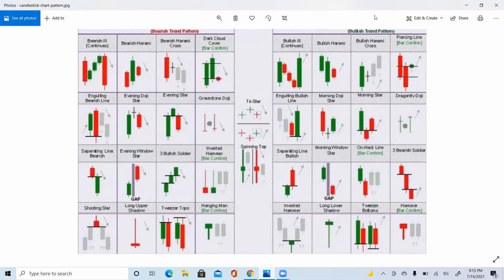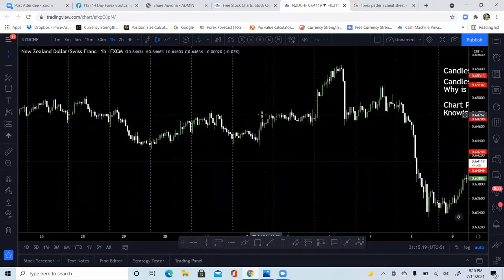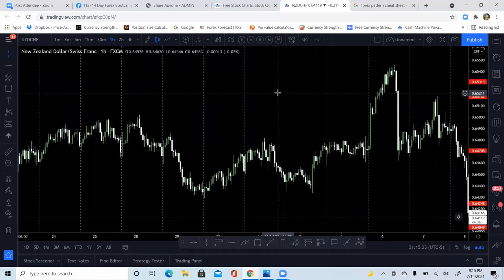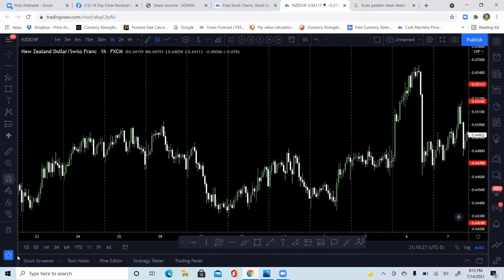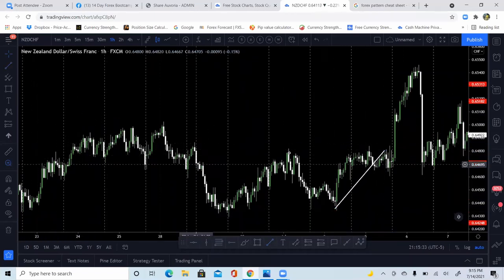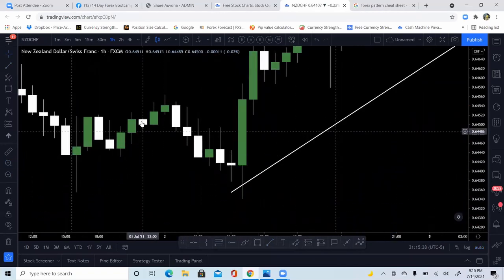So let's look at the real markets when it comes to these. Let's go back. Let's look at popular spots where momentum happened, or momentum shifted more so. So let's start with this move here. If we zoom in on what happened before this move, what do you see?